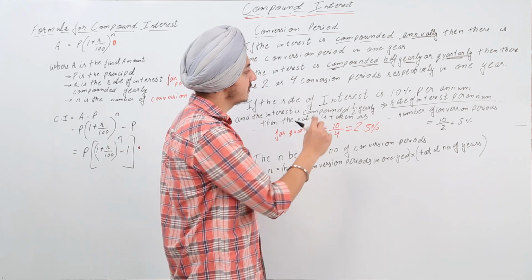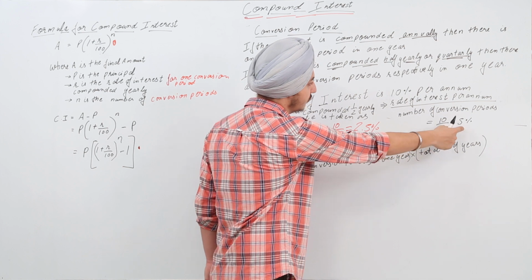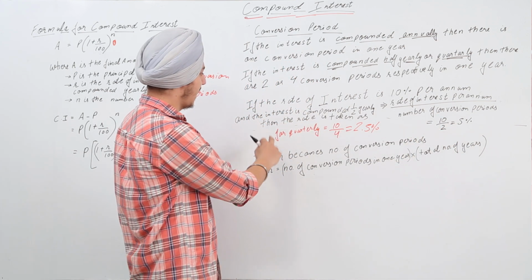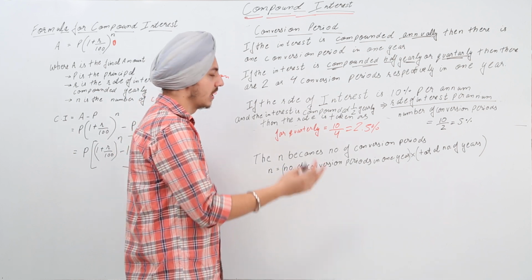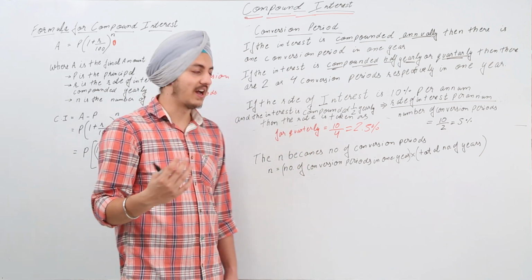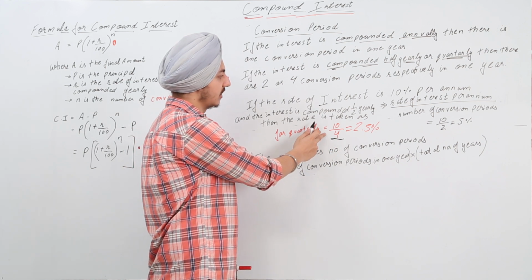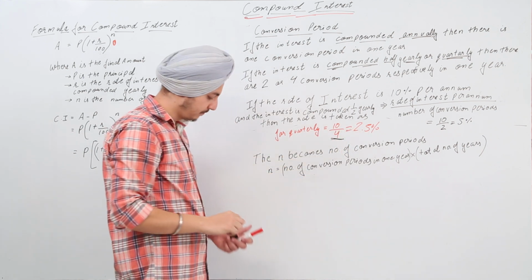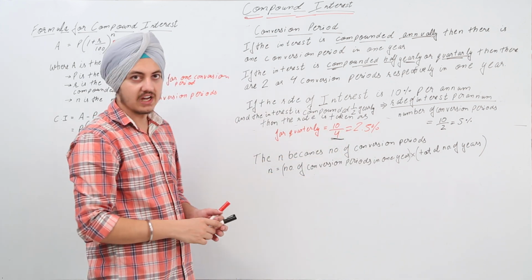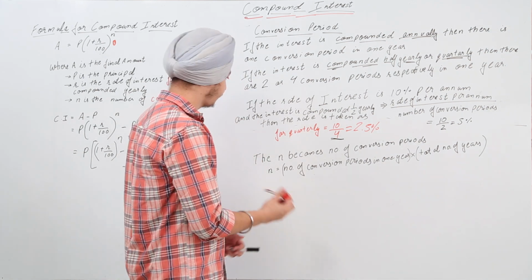So the rate of interest per conversion period comes out to be 10 divided by 2, that is equal to 5. Now if the interest is compounded quarterly, how many conversion periods do we have then? We have 4 conversion periods. So the rate of interest quarterly comes out to be 2.5%. This is the way we find the rate of interest per conversion period.